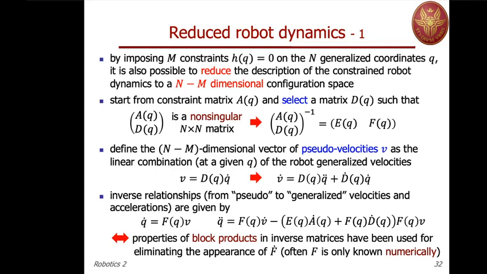But indeed, you can replace this f dot times v by the expression that you see in this slide, where the only time derivatives that appear are of the matrix A, which is the Jacobian of the constraint, so it's something that you have in explicit form, and the derivative of d of q, which is the set of rows that you have used to complete a square non-singular matrix AD.